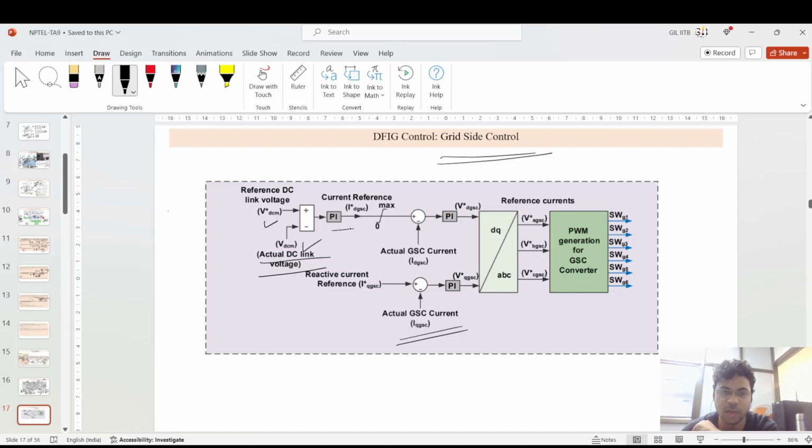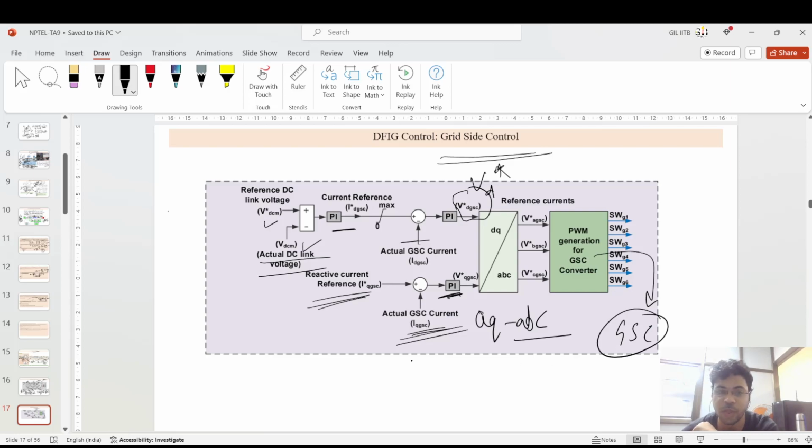For that, VDC reference is generated, then it is compared with the actual DC link voltage, then it is fed to the current reference generator ID star, then the ID which is actually needed, then it is fed to this PI controller, then VD star is generated. The same with the reactive current control: IQ GSC is compared with IQ GSC star, then fed to this PI controller, then the DQ to ABC conversion happens, then this PWM goes to the GSC, the grid side converter, okay.